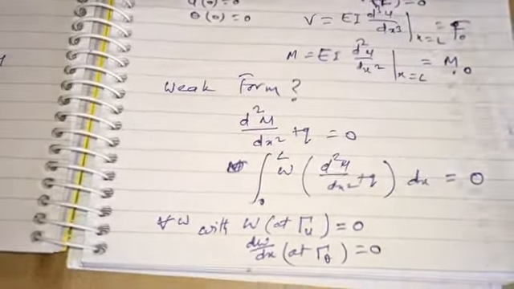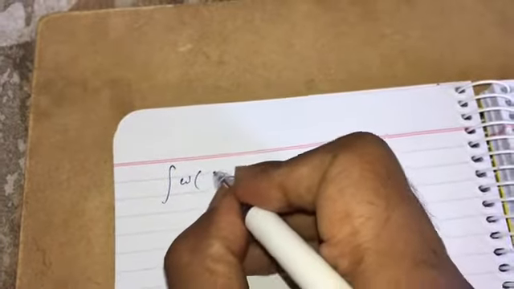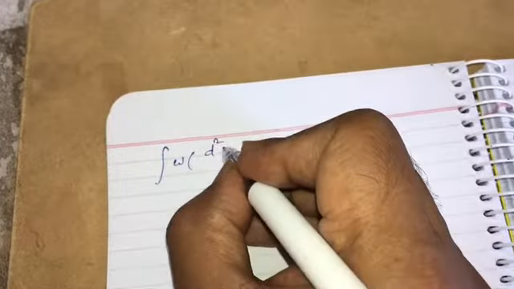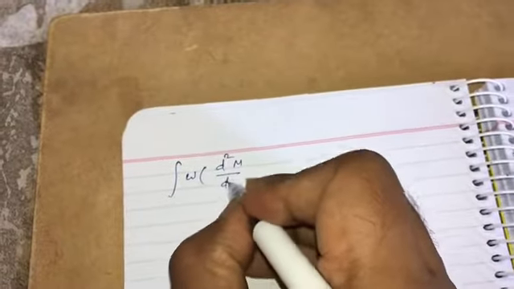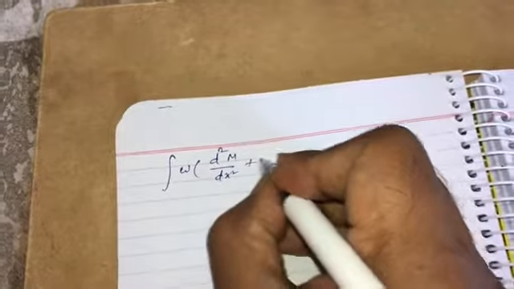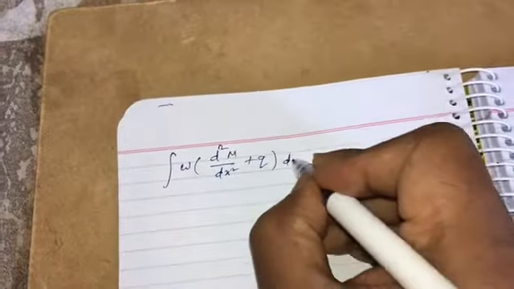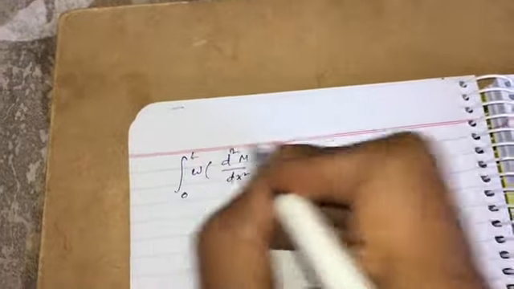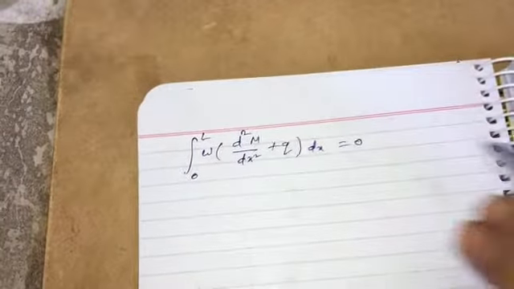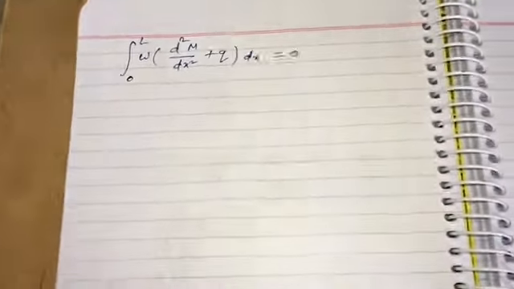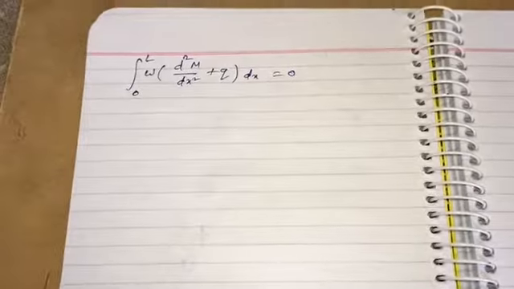So we have the weak form in terms of w: the integral of w times d squared M over dx squared plus q, dx, equal to 0.